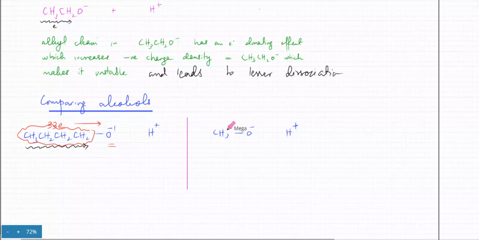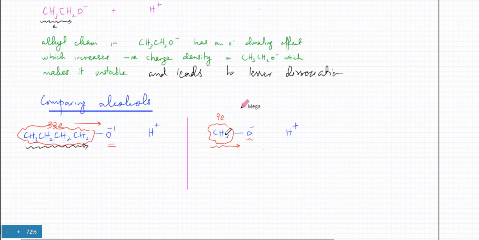Achha, how many electrons do you have over here? Carbon has 6 and hydrogen has 3, so that's a total of 9 electrons. So if any group is attached, the electrons over here are eventually going to get pushed, because there are lots of electrons in the carbon chain. So you have to remember the effect of carbon chains. Carbon chains have an electron donating effect.